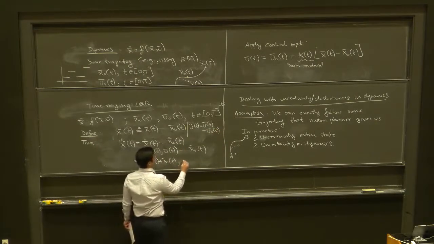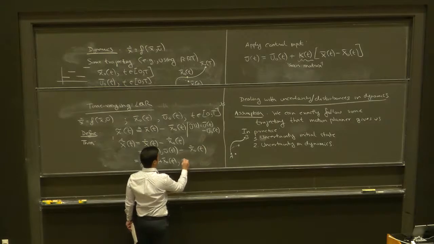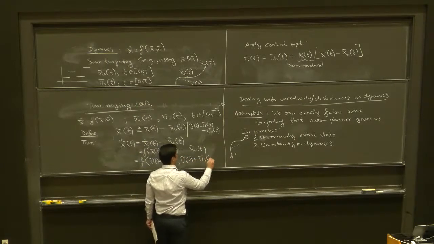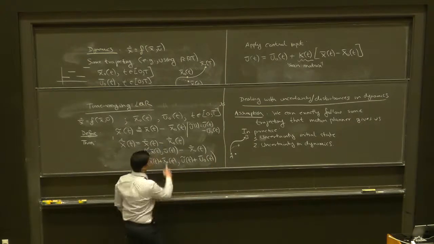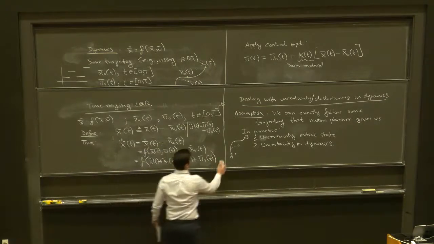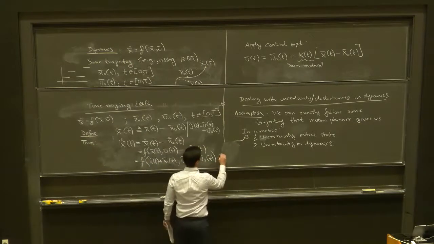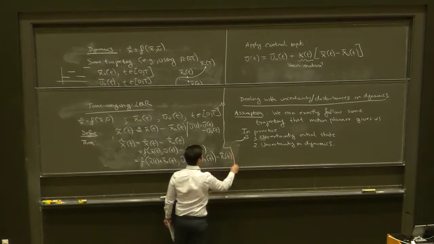So u at time t is u tilde plus u0. And then we still have this minus x0 dot at time t.